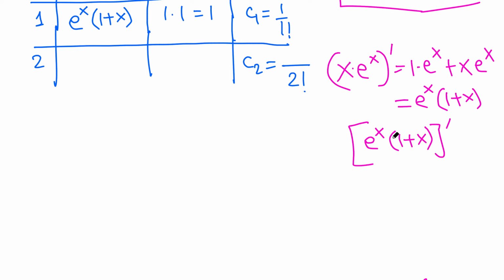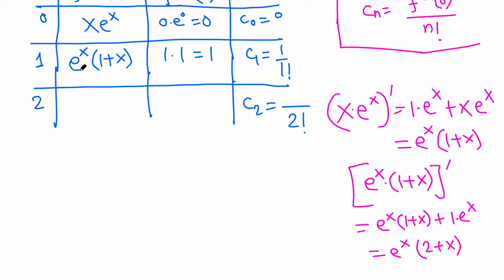Again I have to use the product rule. The derivative of e^x is e^x, times (1 plus x), plus the derivative of 1 plus x, which is 0 plus 1, just 1, times e^x. We can factor e^x out. That leaves 1 plus x plus 1, which is 2 plus x. So the derivative is e^x times (2 plus x).